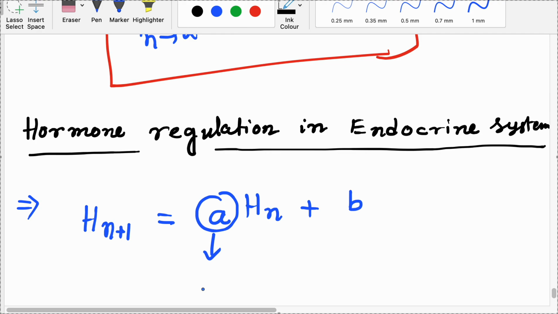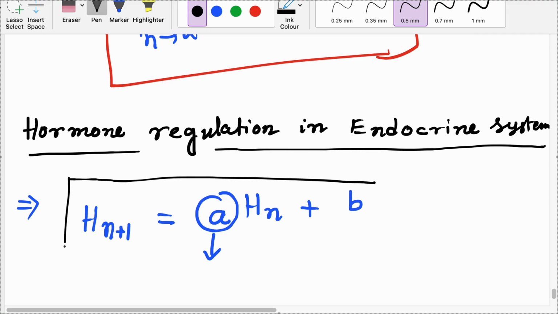Now you see that if h is the density of the hormone, we can write these types of equations, and we can model the hormone regulation in the endocrine system in this way.